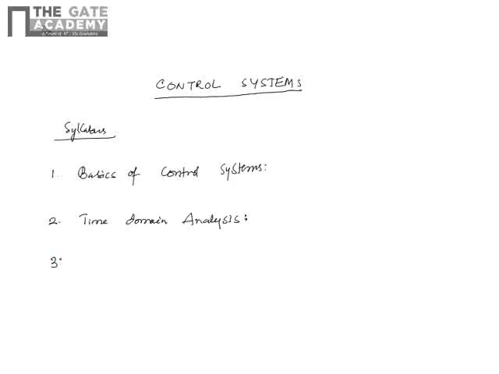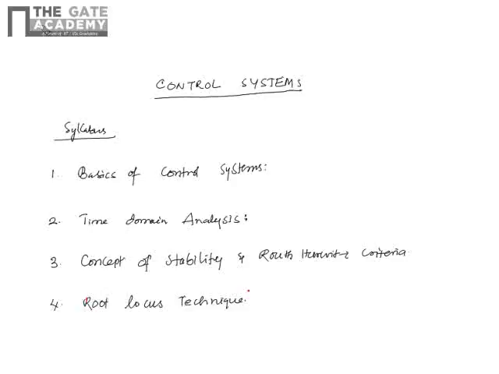Then the third unit is the concept of stability and Routh-Hurwitz criteria. The next unit is the root locus technique. There are different types of techniques to find the stability of the system.